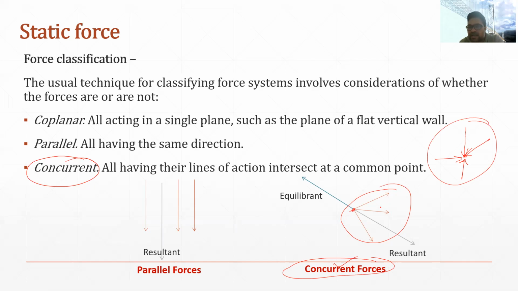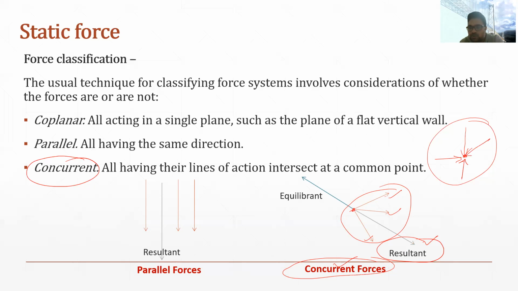Now, if there are n number of forces acting on a particular point, we can replace those n forces with a single force, which is called the resultant. You can see these three forces are replaced by a single force, which is called the resultant.